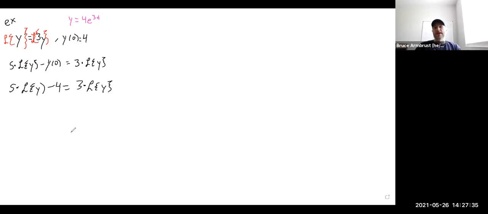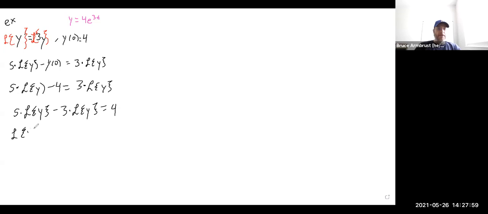What I want to do now is solve this for the Laplace transform of y. I want to get L of y equals. So I'll move some stuff around: s times the Laplace transform of y minus 3 times the Laplace transform of y equals 4.